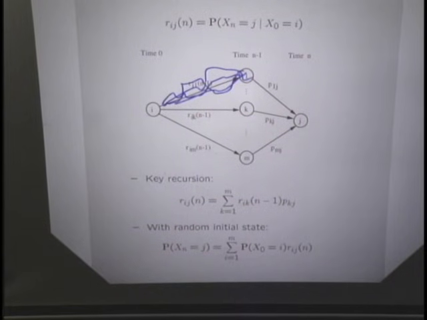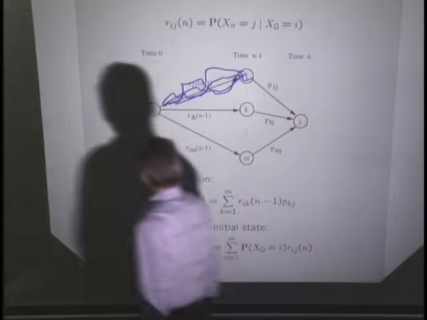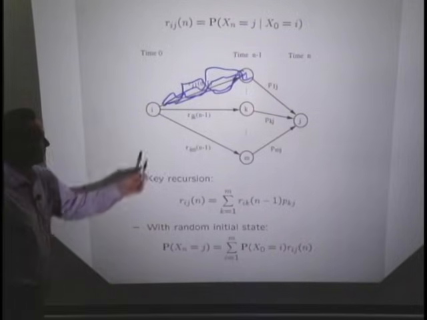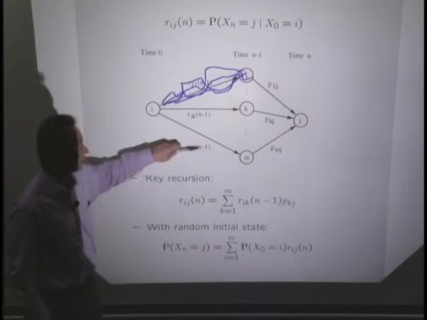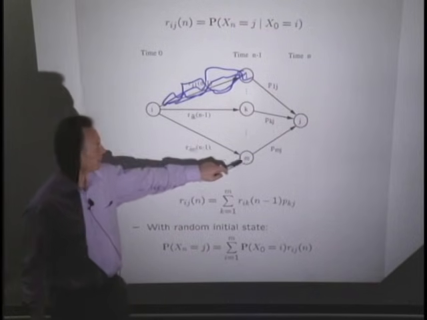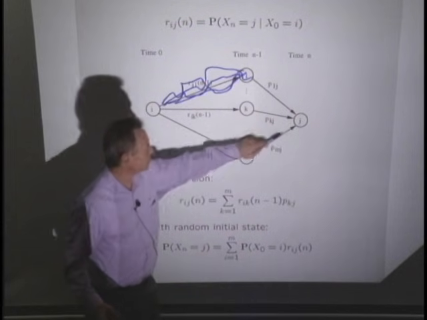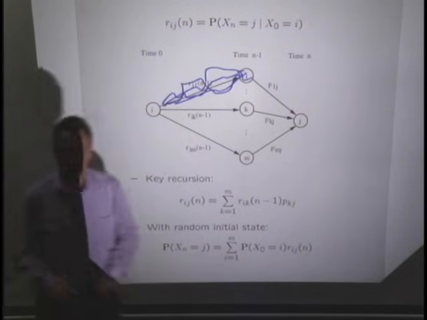And then there are other possible scenarios. Perhaps in the first n-1 steps, you follow a trajectory that took you to state m. And then from state m, you made this transition, and you ended up at state j.